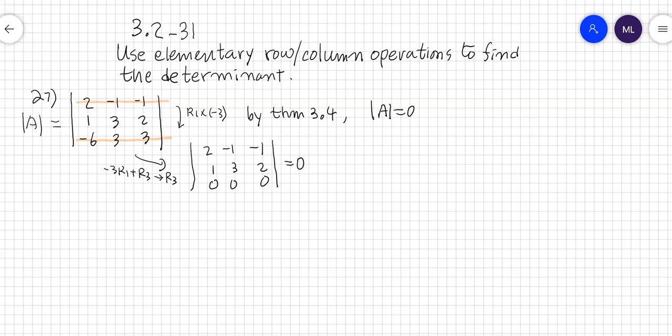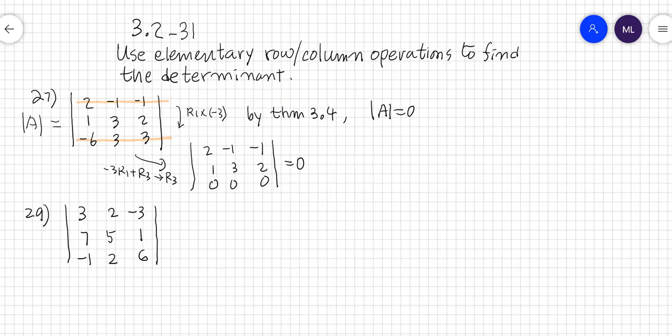Okay. Try one more, like 29. 29 is 3, 2, negative 3, 7, 5, 1, and negative 1, 2, and 6. Now, unlike 27, no row is a multiple of any row here.